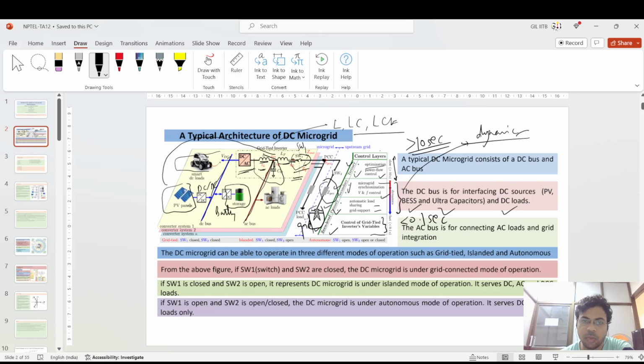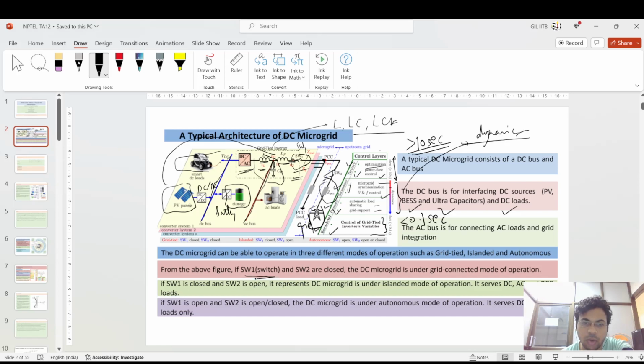By operating the switches SW1 and SW2, you can connect or disconnect this microgrid and operate in the islanded situation or the grid connected system. Or you can operate in the autonomous system also by switching off switch 1 and switch 2 at a particular time frame.